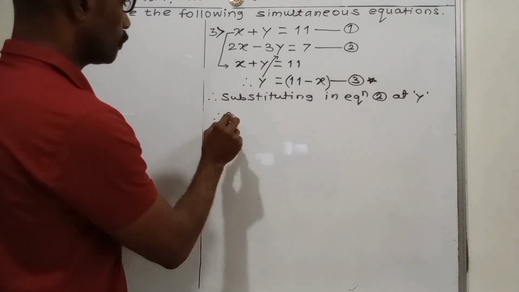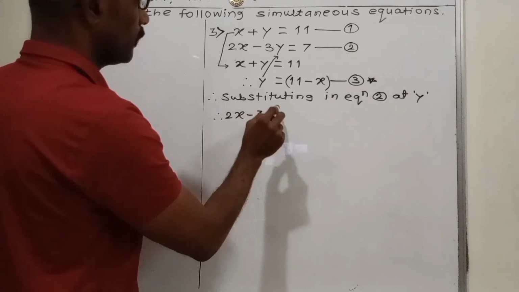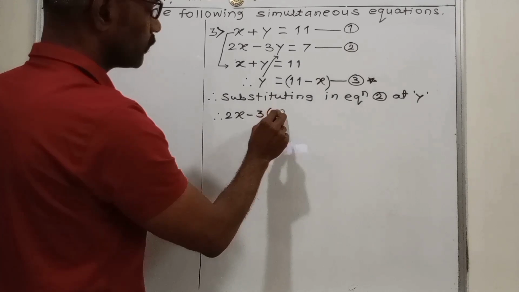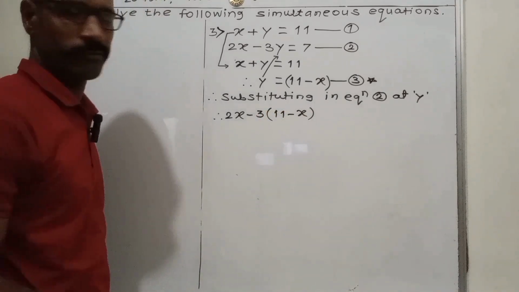Therefore, 2x minus 3 in bracket, instead of y we write 11 minus x. Did you get it? Very simple.